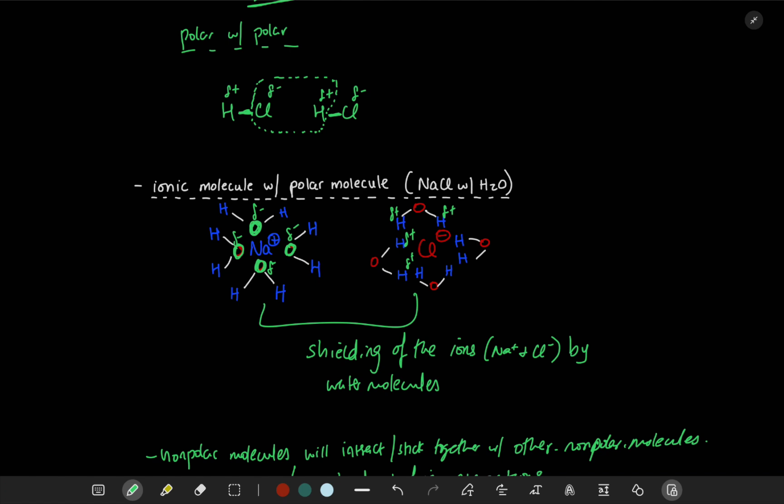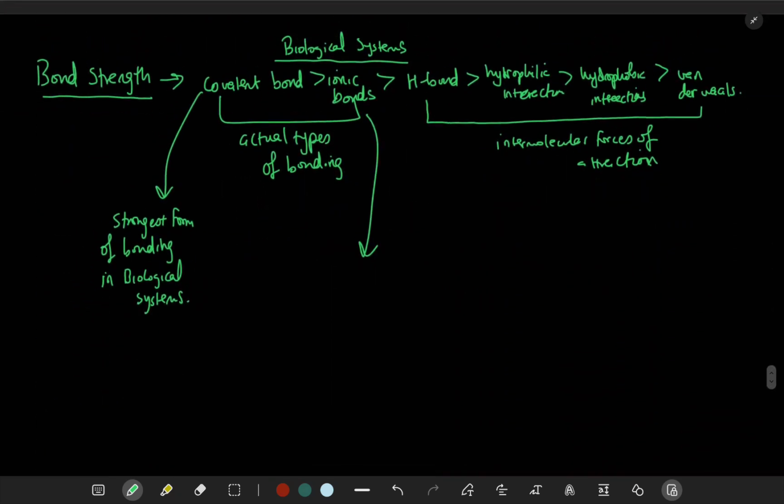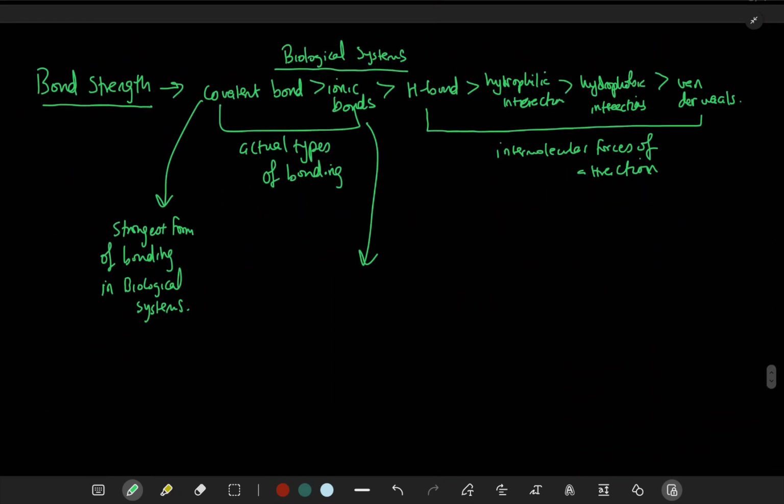Due to the shielding and the separation of those two charges, the attractive force between them and the desire to form an ionic bond again is going to be weak and low, right? But we did say that ionic bonds do have higher theoretical bond strengths, right? So let's write that down first, and we'll explain why.